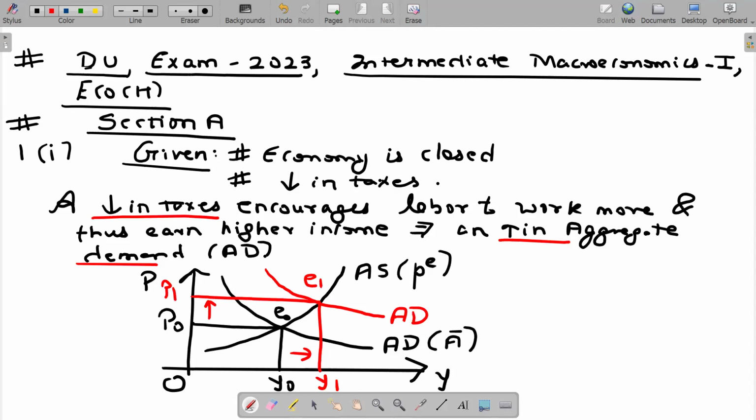And we know that from the bond market, price and interest rates are inversely related.